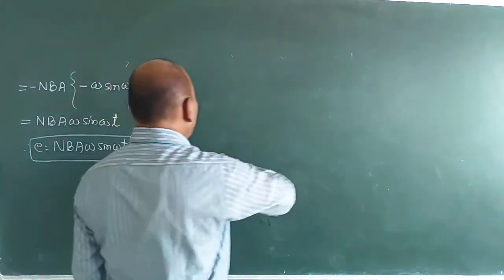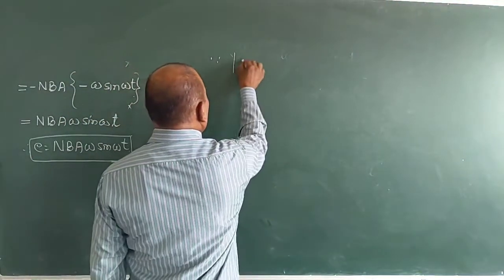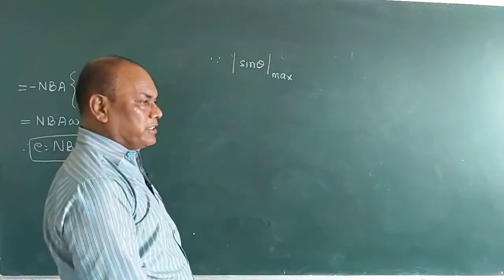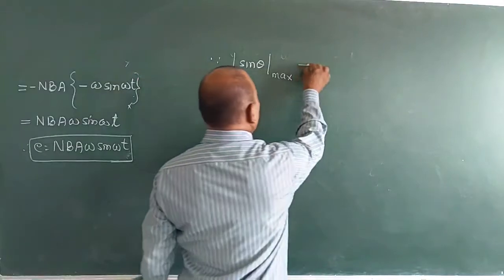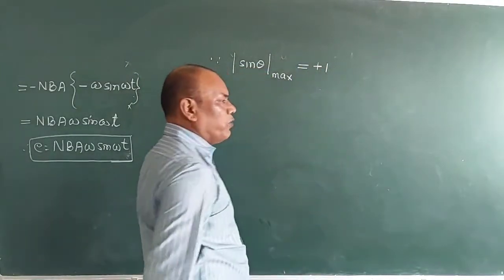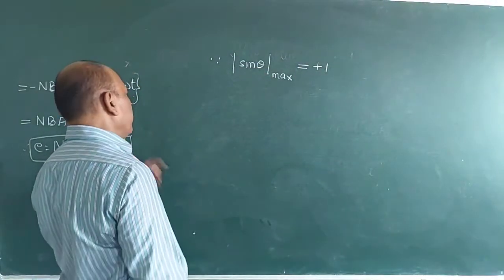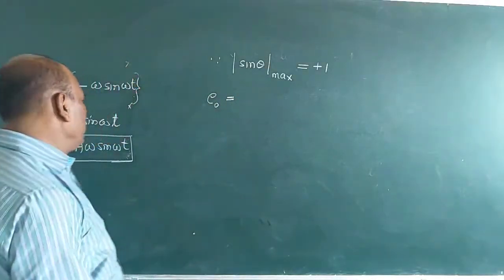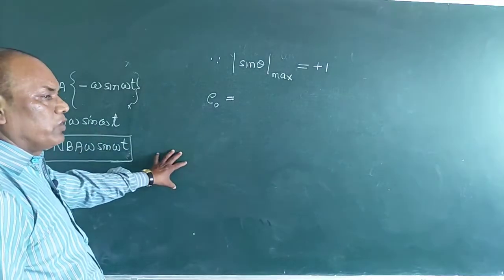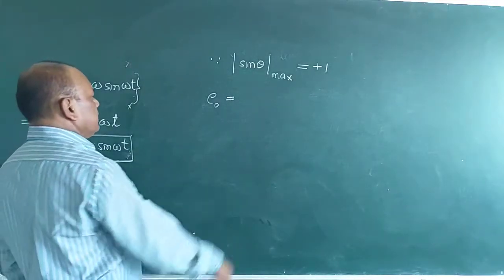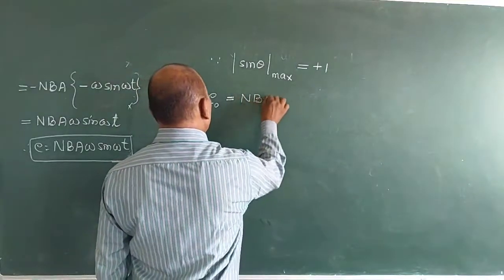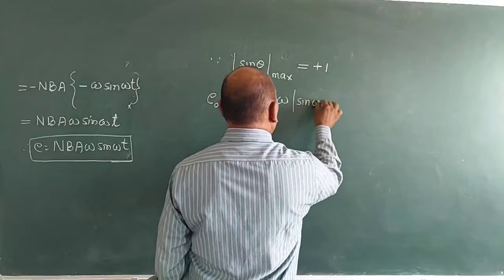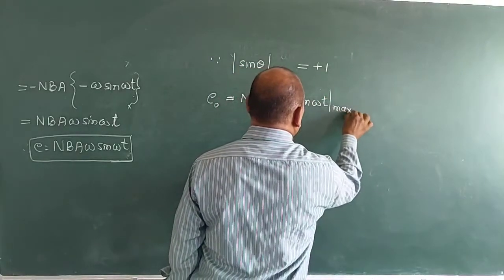Now here, since we know that the maximum value of sin theta is equal to plus 1, then what will be its maximum value? E naught, the maximum value of induced EMF produced in the rotating coil, E naught is equal to n BA omega mod of sin omega t max.